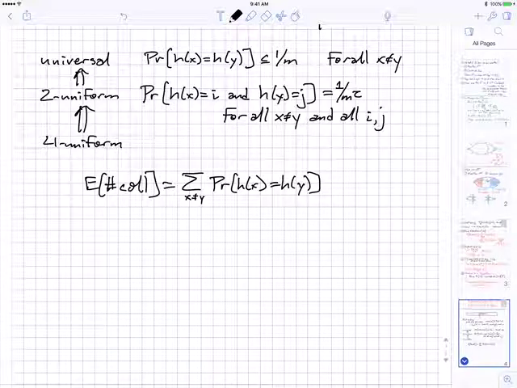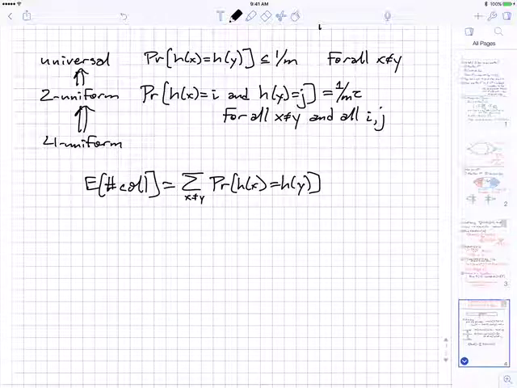Just linearity of expectation. Remember, linearity doesn't require any assumptions about independence. Linearity of expectation applies even if the hash function maps everything to 1. It doesn't matter. And now I look at what 4 uniform implies about this probability.